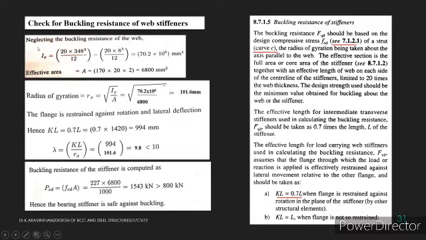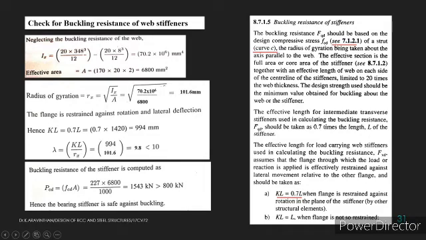How to find that? The buckling resistance of the stiffener is given in clause 8.7.1.5. To find it, we shall use this formula: buckling resistance of stiffener is computed as Fcd into A. What is this Fcd?